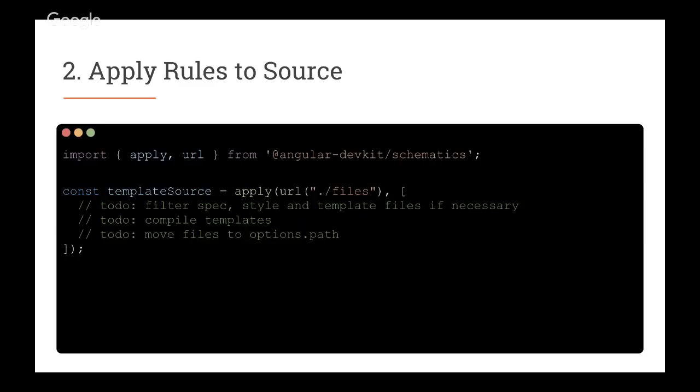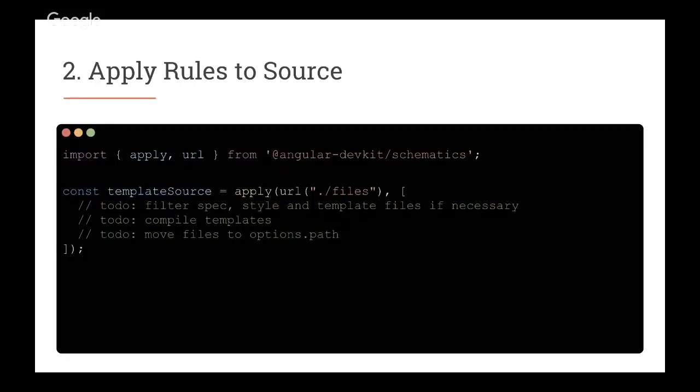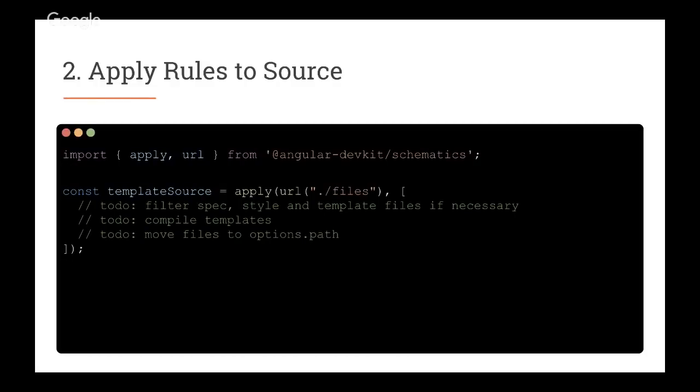Now that we've collected all the pieces that we need in order to build out these templates, the next thing we're going to do is use two functions, apply and url. Url, as it implies, accepts a path or a URL, if you will, to wherever the files are.